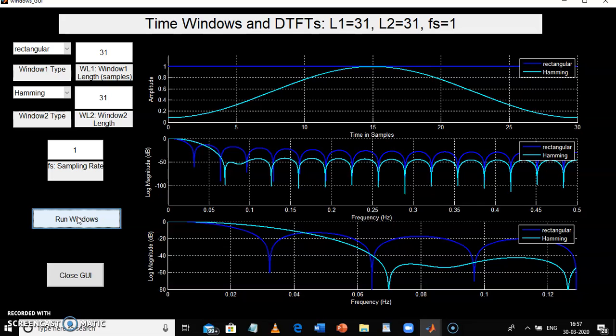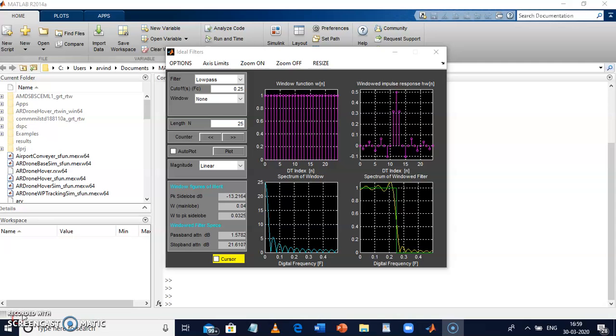If you compare the frequency response plots, the plot for the blue one is much higher than the one for the cyan one, which goes much further down. This shows that as the response goes from 0 to minus 100 dB and so on, the frequency suppression characteristic of a Hamming window is much higher than that of a rectangular window.